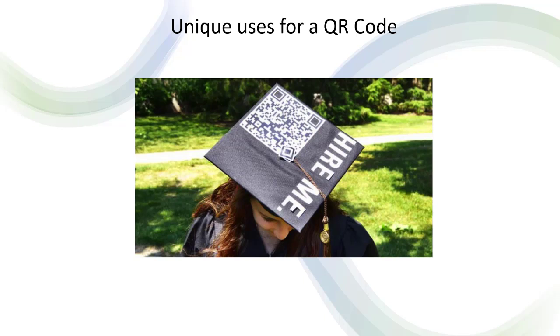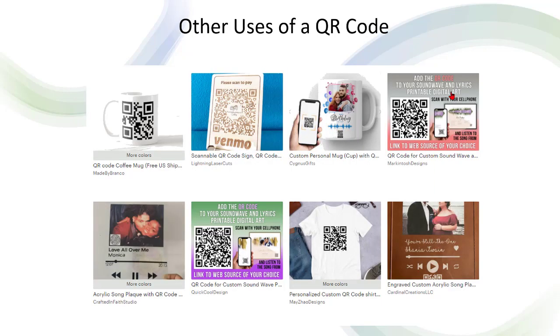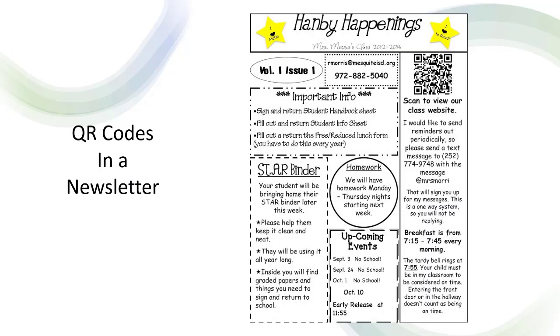There are some unique uses for a QR code. Somebody thought, well, they put their information on a QR code and put "Hire Me" on their graduation cap. There are other uses. This is from Etsy, and you can order various products with QR codes printed on them for information. You can put QR codes in a newsletter.